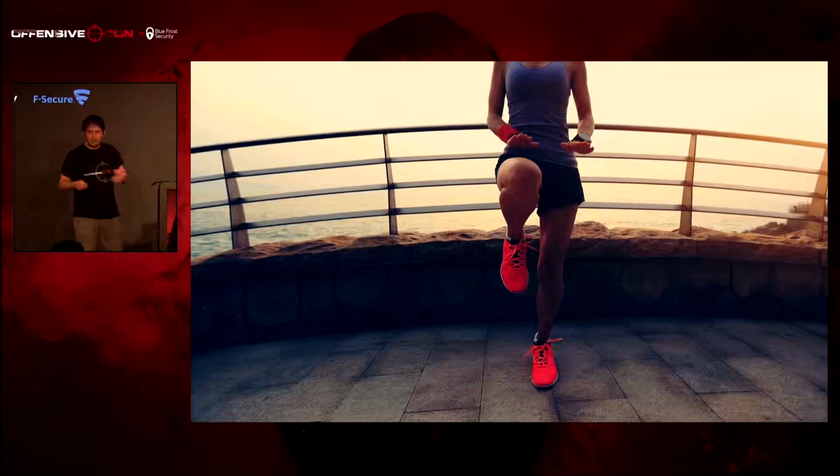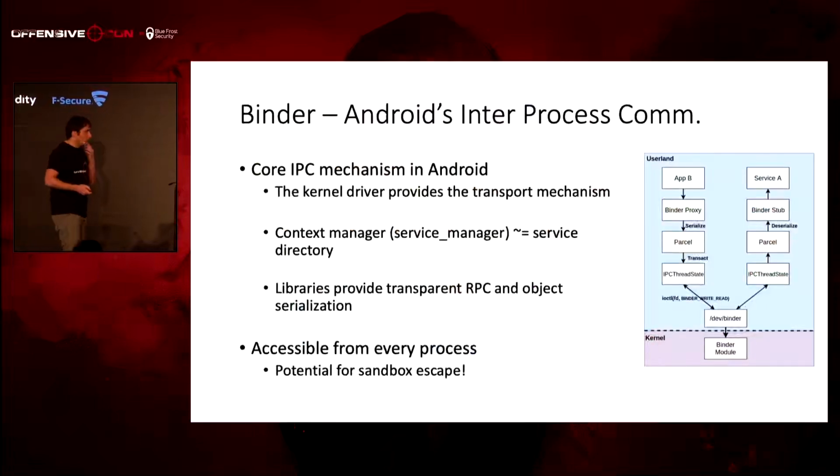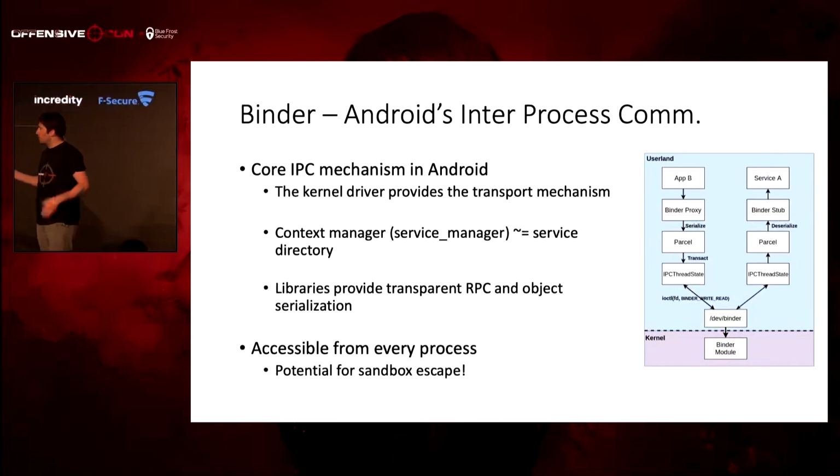So the first part of the talk is going to be a bit of introduction and warm up with details about Binder. Binder is the main core IPC mechanism of Android. There is a kernel driver that performs the transport part. It's in charge of sending messages from one side to the other and orchestrating all this.